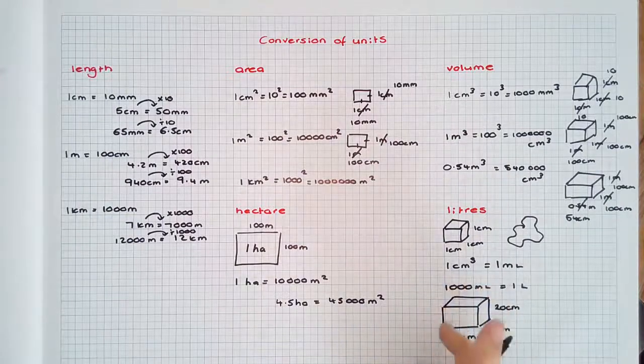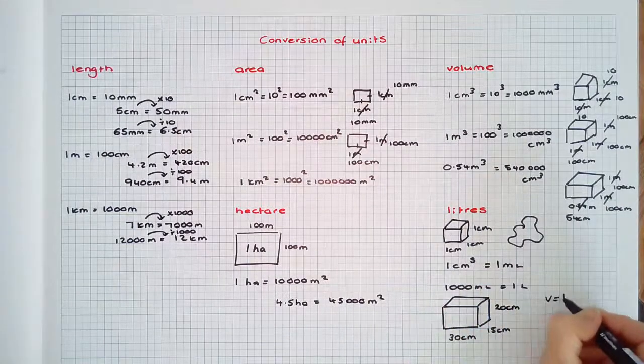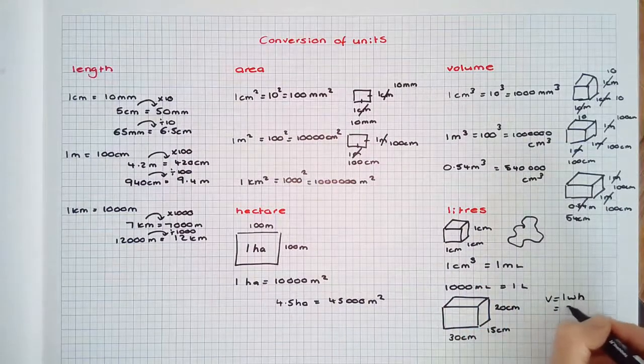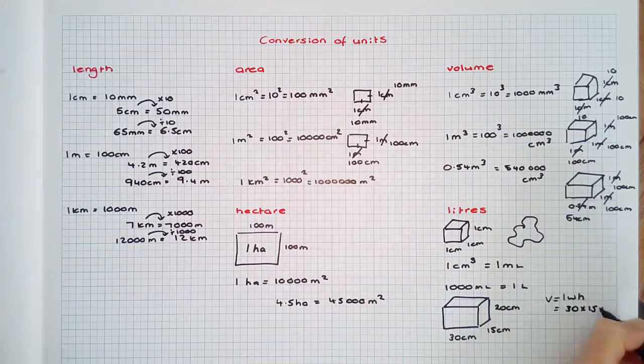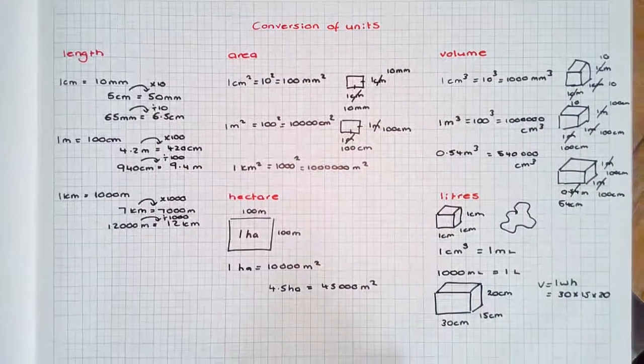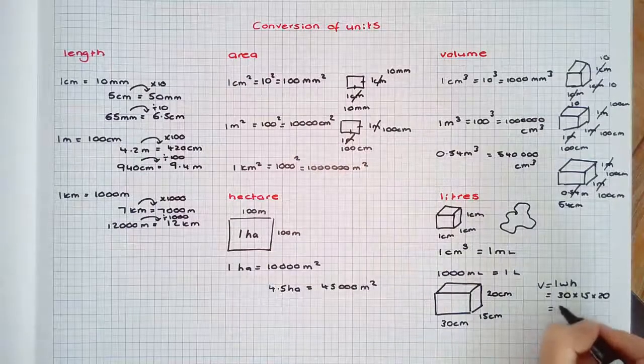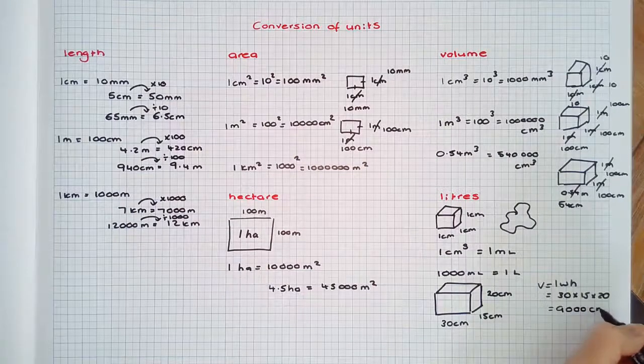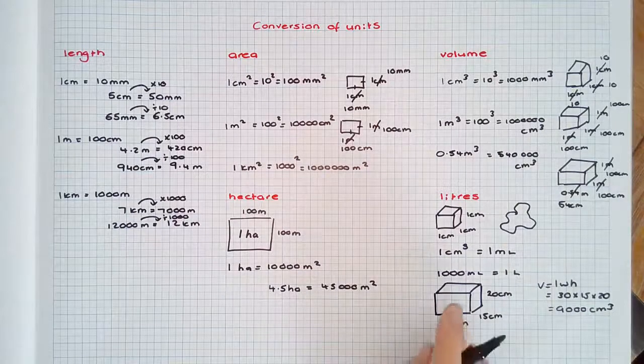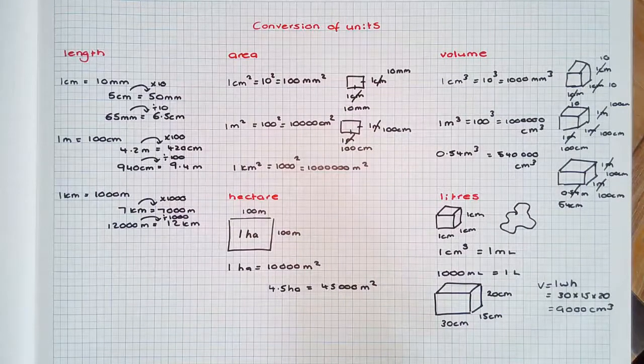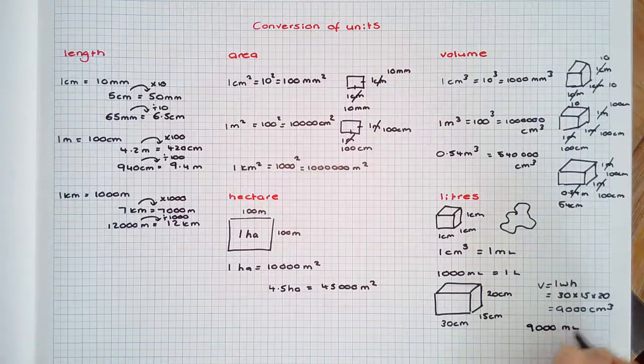The volume of the fish tank is length times width times height, being 30 times 15 times 20, which is 9,000 centimetres cubed. If you were asked for the capacity of the fish tank when full, it would be 9,000 millilitres, which equals 9 litres.